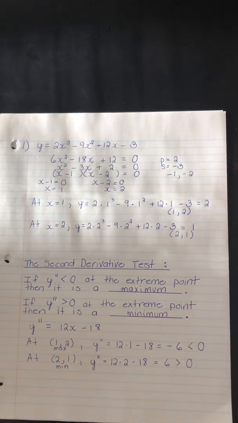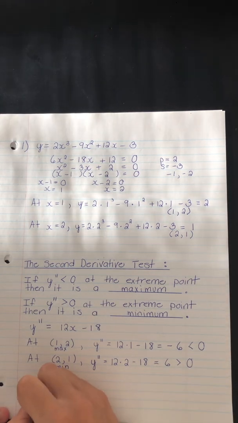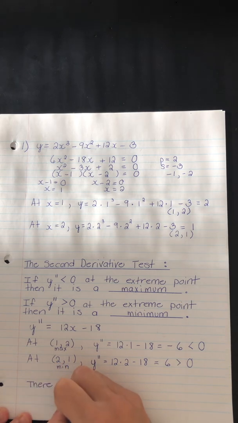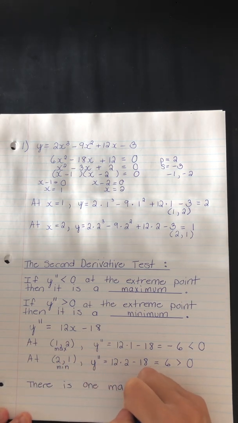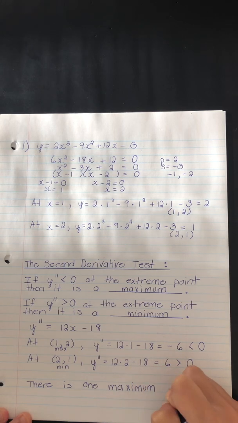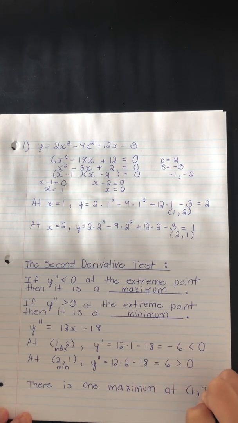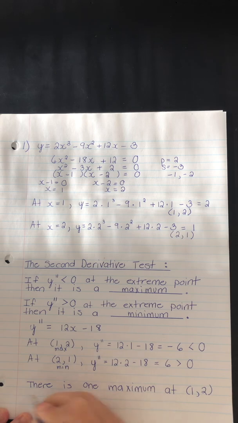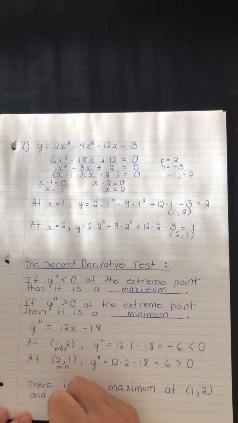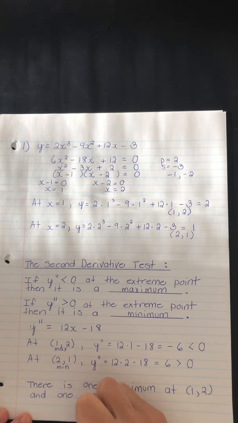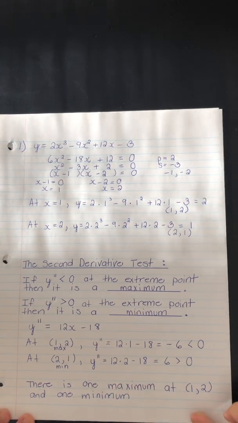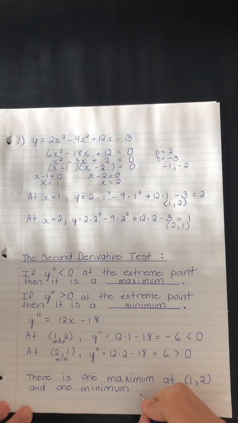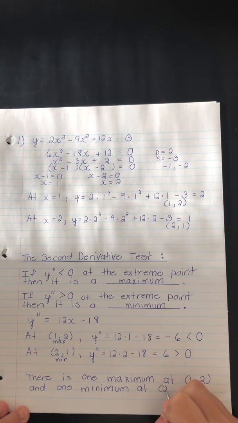So now we're finished, and our conclusion is there is one maximum at the point (1, 2), and one minimum at the point (2, 1).